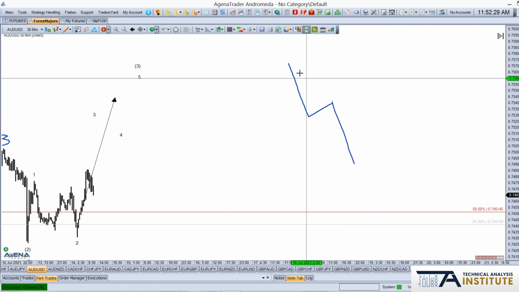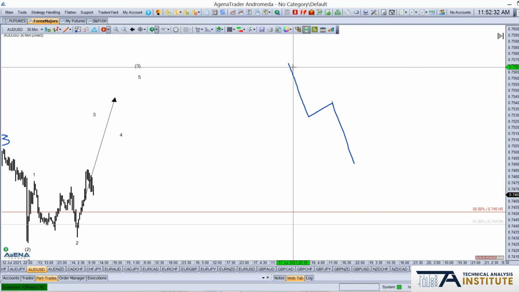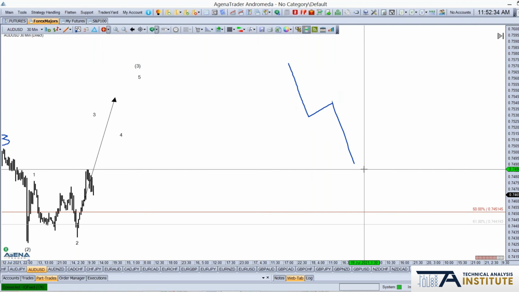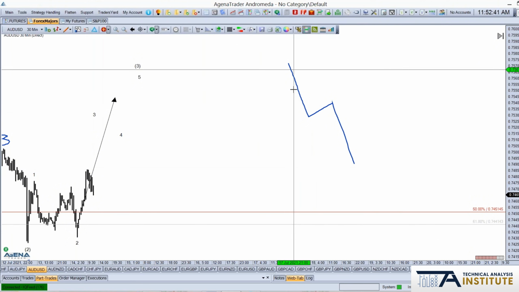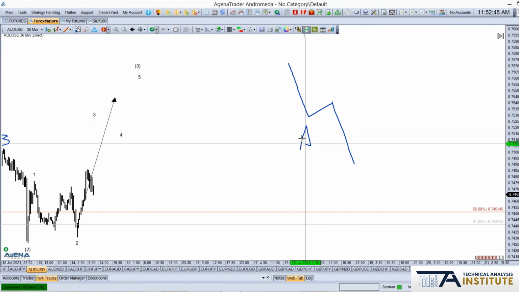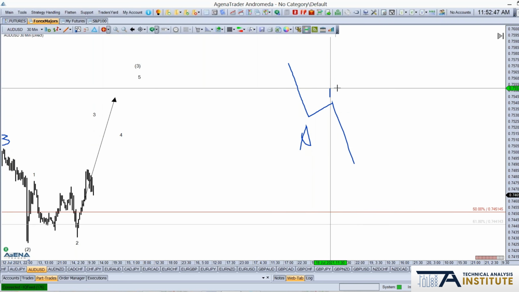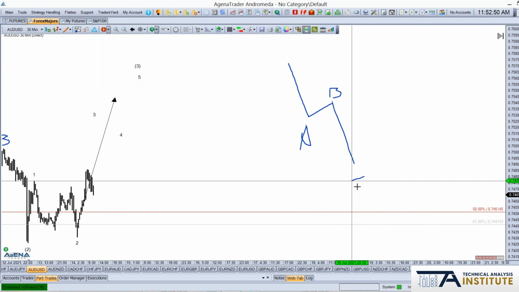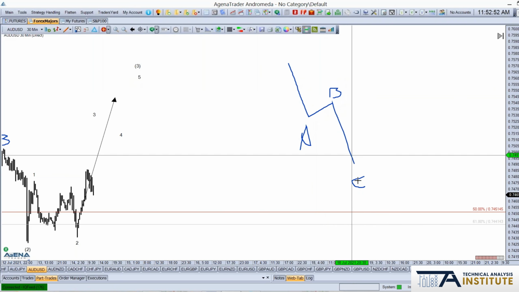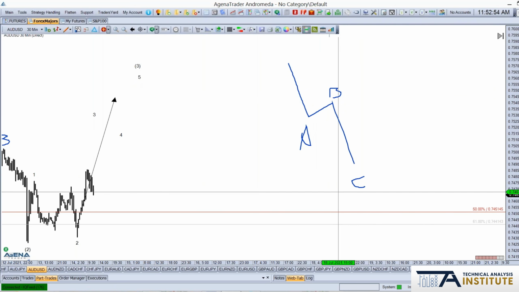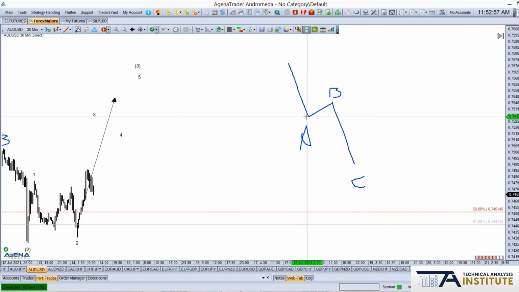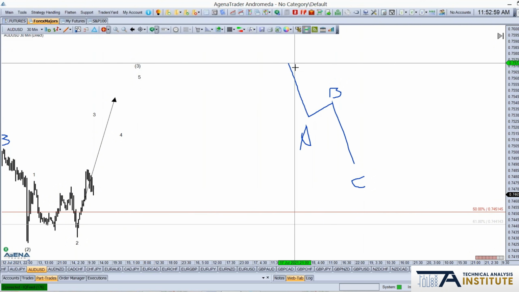Now, the formula of a zigzag is very specific and very confusing for you who are starting, because inside the zigzag, even though the zigzag is an A, let's label it A, B, and C, even though this is a 3-wave move, the first move of the zigzag is in 5 waves.